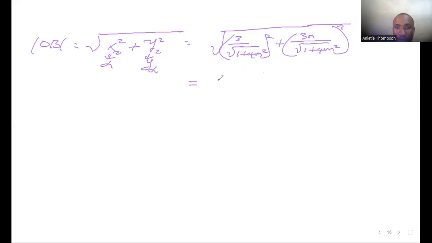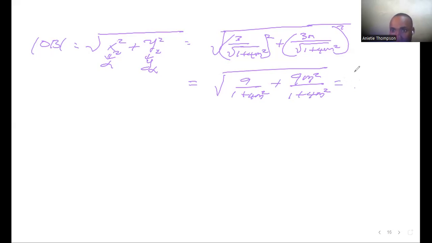So the square of this will give us 9 all over 1 plus 4m squared, plus 9m squared all over 1 plus 4m squared, which will give us 9 into 1 plus m squared, divided by 1 plus 4m squared, since the denominator is the same.